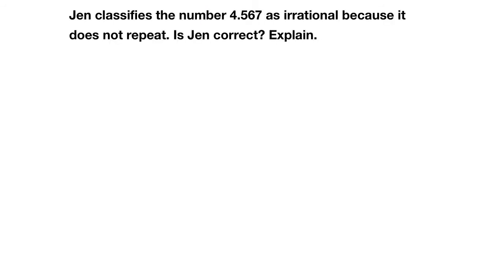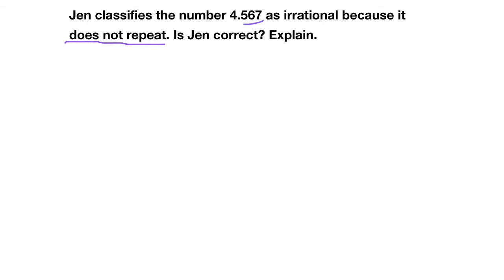Jen classifies the number 4.567 as irrational because it does not repeat. Is Jen correct? And explain. Jen does have a point. It does not repeat. And irrational numbers do not repeat. But in addition to not repeating, they cannot terminate.